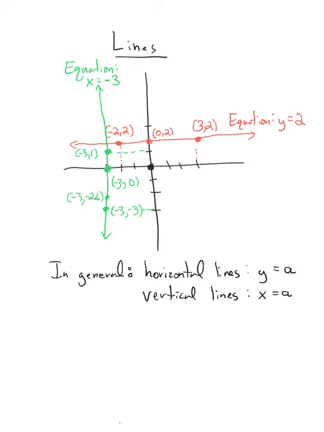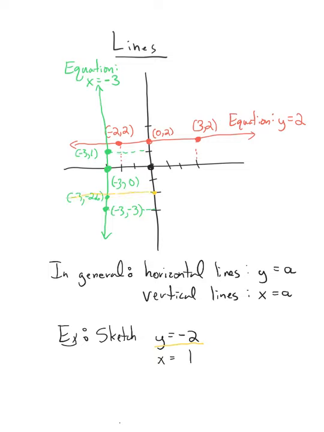And let's just do a quick example. Let's sketch the lines y equals -2 and x equals 1. Well, the line y equals -2, all points on that line have y-coordinate -2, so it's going to be a horizontal line passing through -2 on the y-axis.